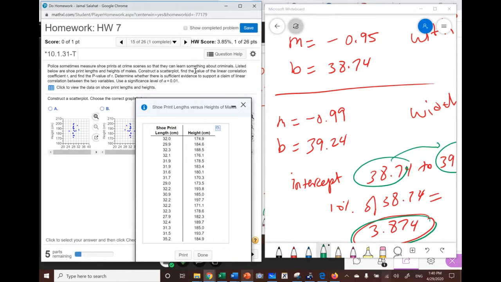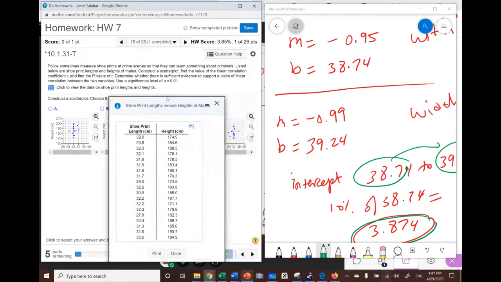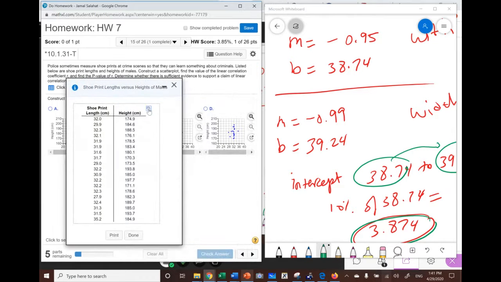So police below listed those results, and in this problem it says construct a scatter plot, find the value of the linear correlation r and the p-value of r, determine whether there is sufficient evidence to support a claim of linear correlation between the two variables. So in this case, let's just try to do everything all at once, and I'll show you exactly. Everything they ask for is available here.